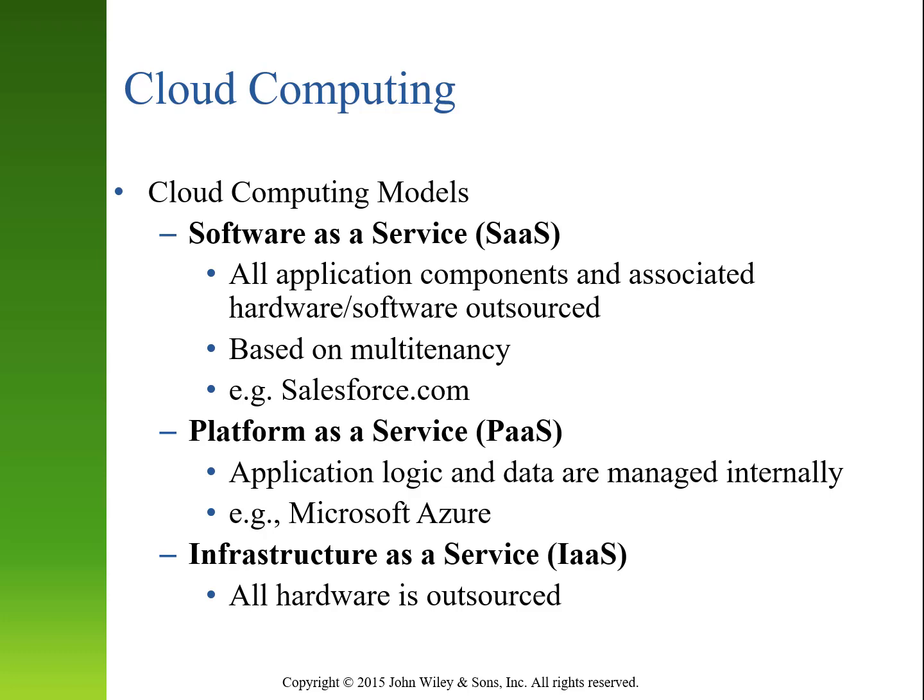In the middle is platform as a service, where the application logic and the data are managed internally, but some of the other parts of a typical service are managed externally by another party. And an example of this might be something like Microsoft Azure.